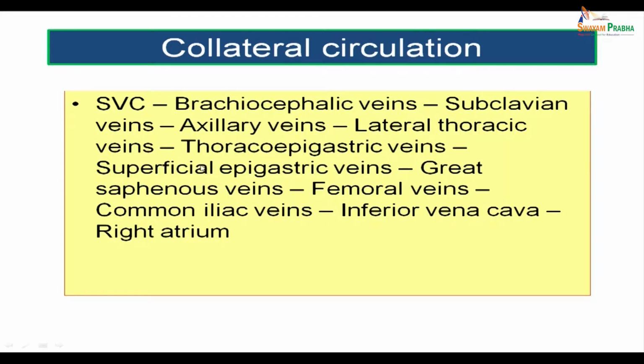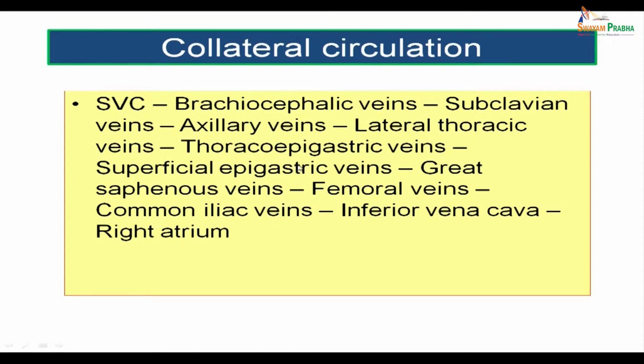This is seen here. Superior vena cava obstruction will take the blood back through brachiocephalic veins, subclavian vein, then the axillary vein. Axillary vein is receiving lateral thoracic vein, and lateral thoracic vein is connected to superficial epigastric vein through the thoracoepigastric, which we saw enlarged in case of superior vena caval obstruction below azygous.